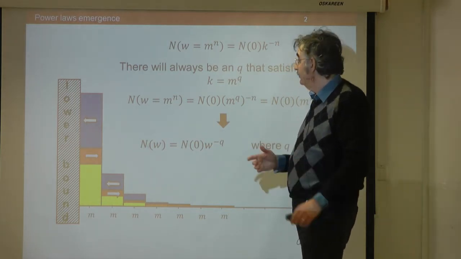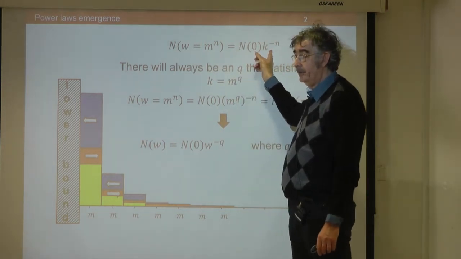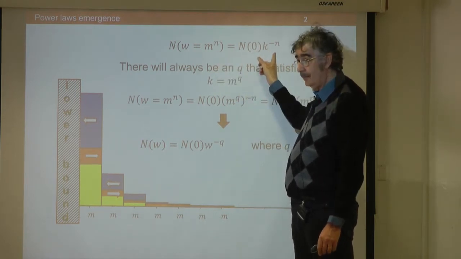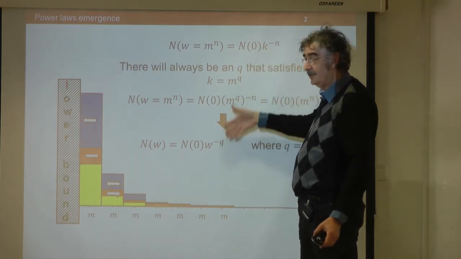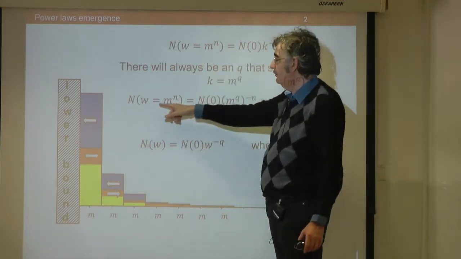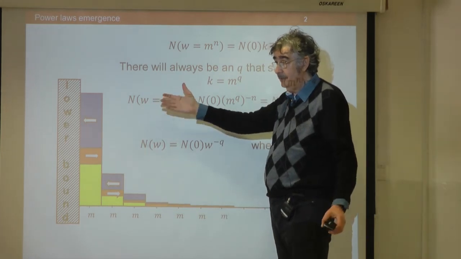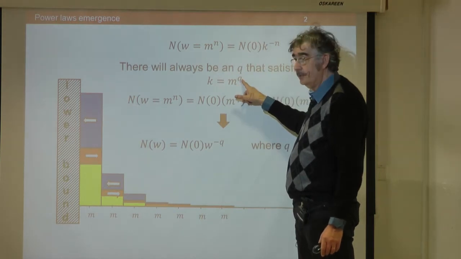Well, okay. Do you remember that we got this formula? It's for a multiplicative process. Yes. So you accept that we deduced it. Yes, it's given on this slide, and now I'm calling m to the n W. I'm just giving a name to it, and I'm calling k m to the q.